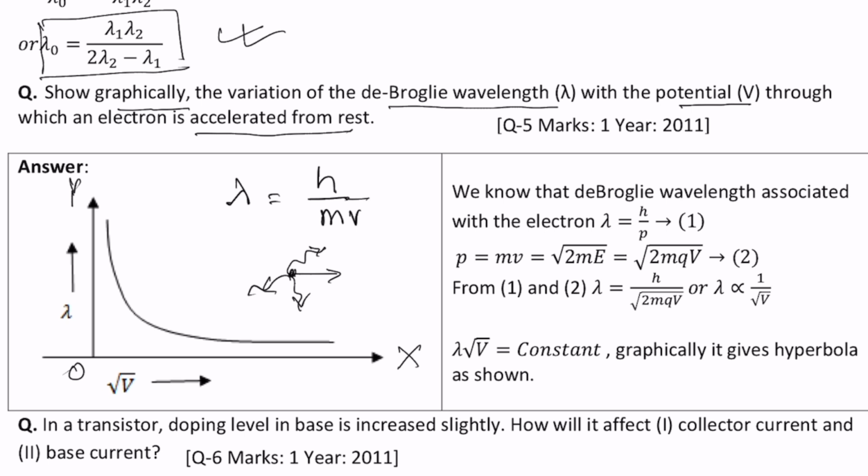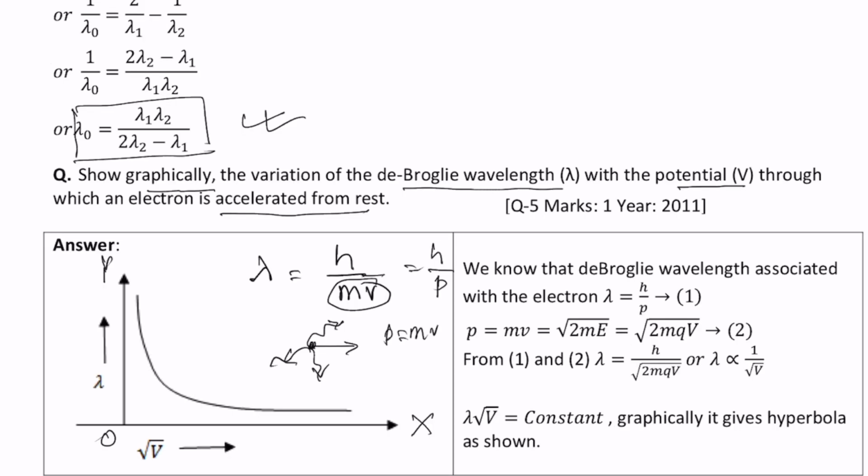Now mv is the momentum of the particle, so lambda is h by p. P is equal to mass into velocity, so p is equal to mv. Now what is the relation between mv and energy?